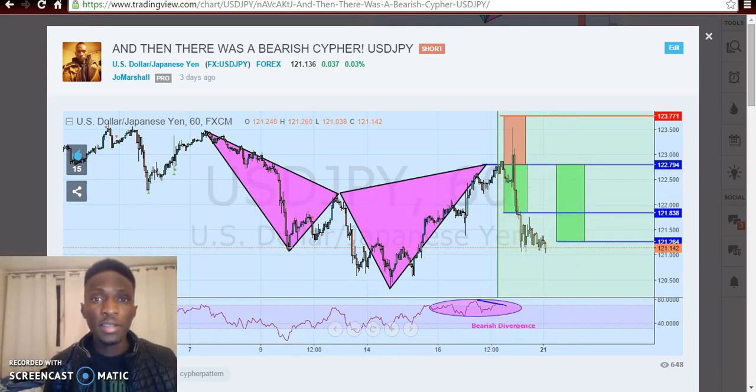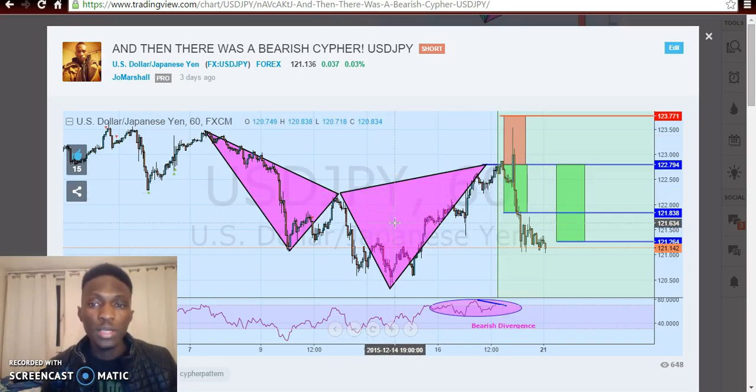So this is it, guys. This is all it takes when it comes to the cipher pattern. I mean, at the end of the day, trading as a whole, I wouldn't say it's simple, but it's all about doing the simple things really, really well.